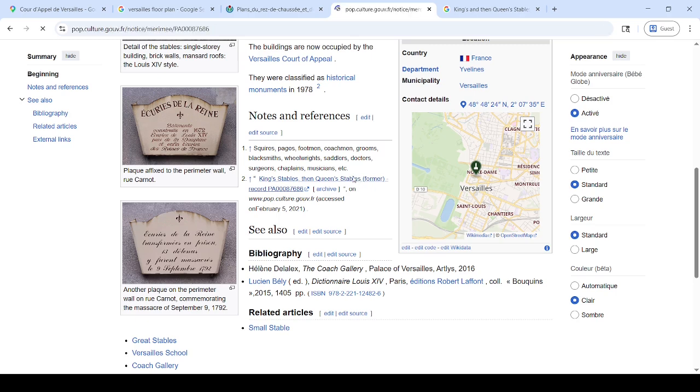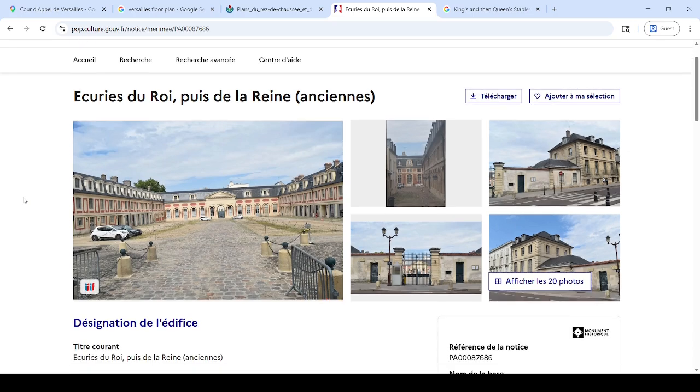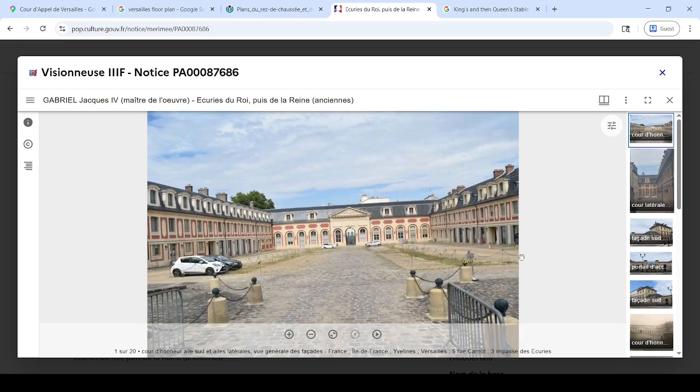So if we go here, here we have a few more pictures. So, yep, we have 20 photos to look at. And there's the central court.